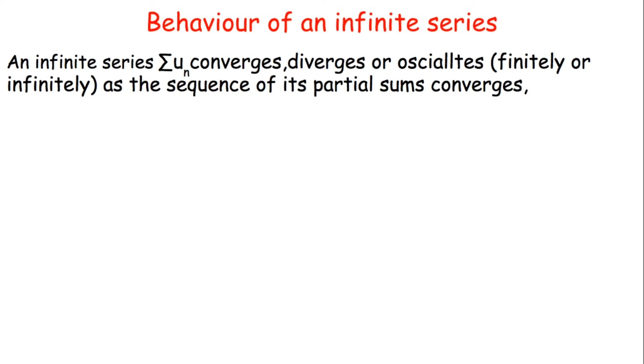Now let's look at some behavior of infinite series. As we look at the partial sums, the infinite series behaves similarly. An infinite series will behave like its partial sums, up to the first partial sum, the second partial sum, or the nth partial sum.